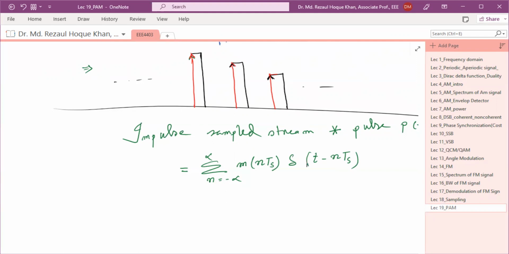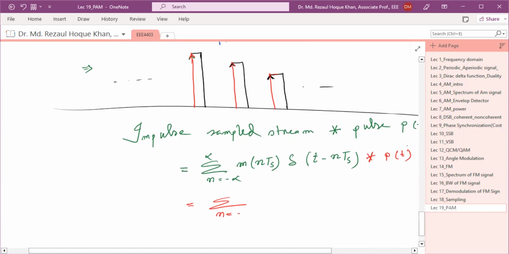Now this impulse sampled stream is convolved with a pulse p(t). If this is the case, then what happens?